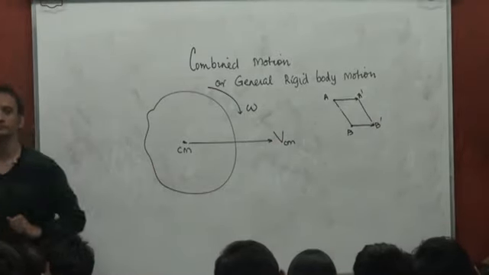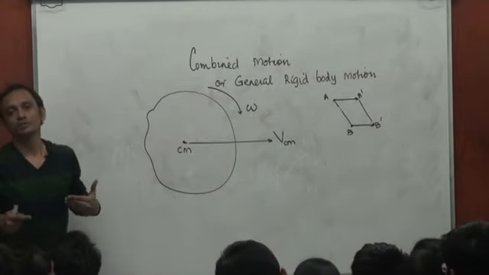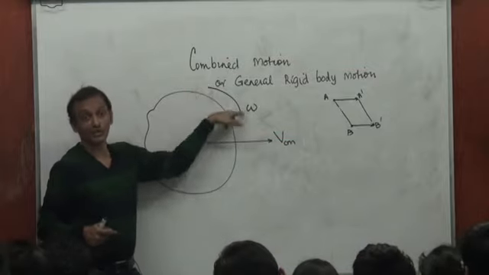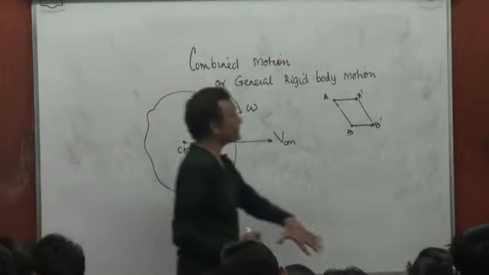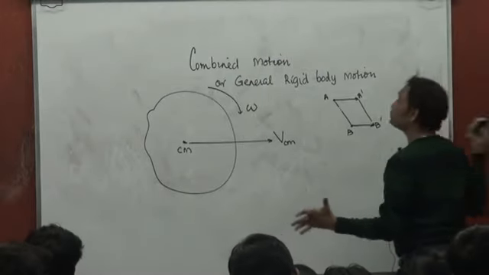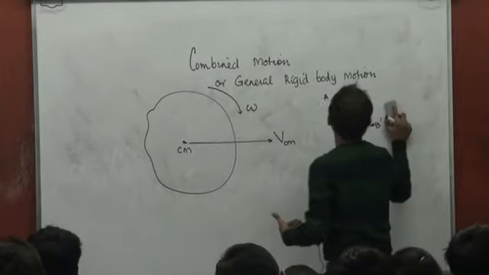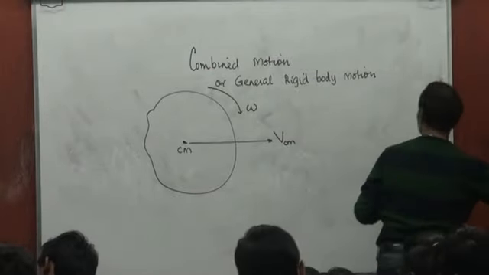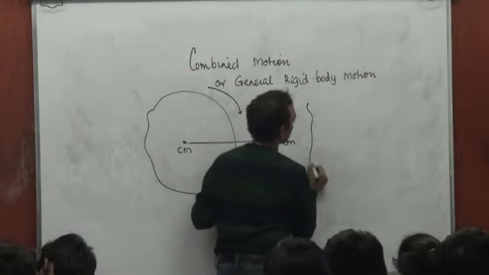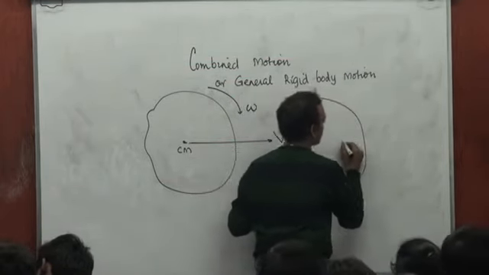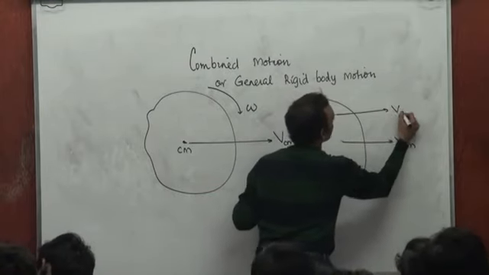Now, this general rigid body motion, in which there is translation as well as rotation, could be looked on as a superimposition of pure translation and pure rotation. It means this motion could be looked upon as superimposition of, let's say, pure translation, where every single particle has the same VCM.